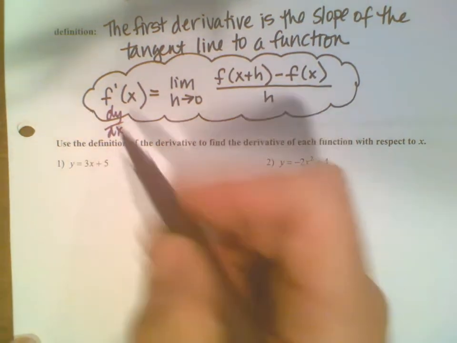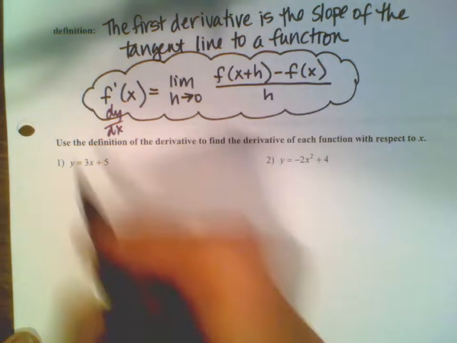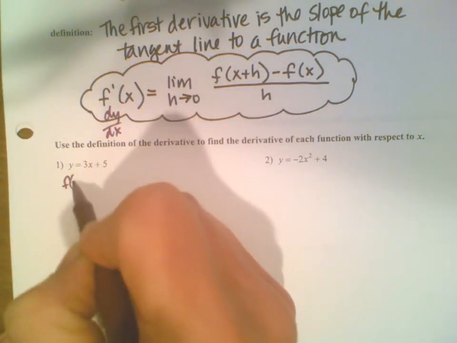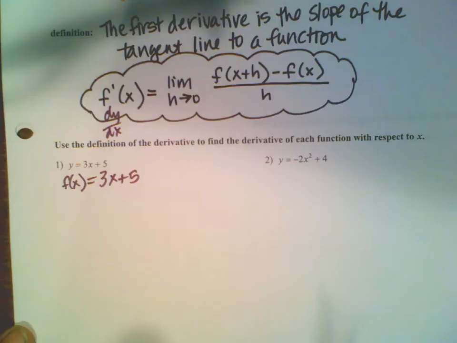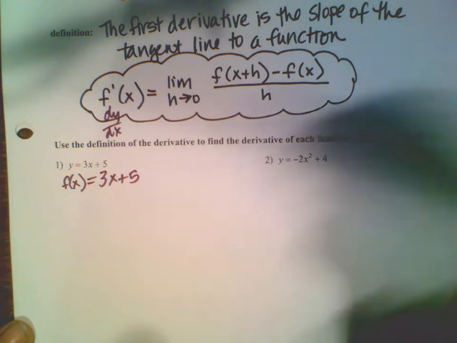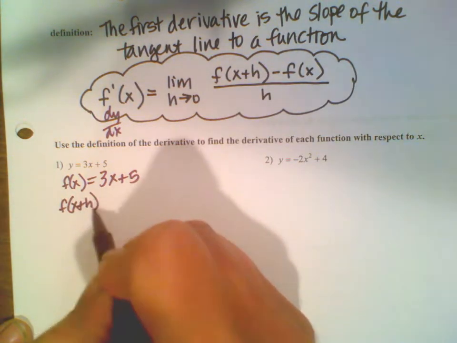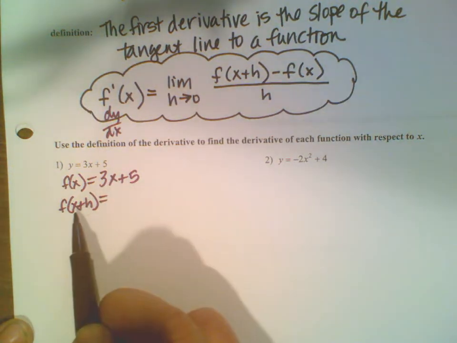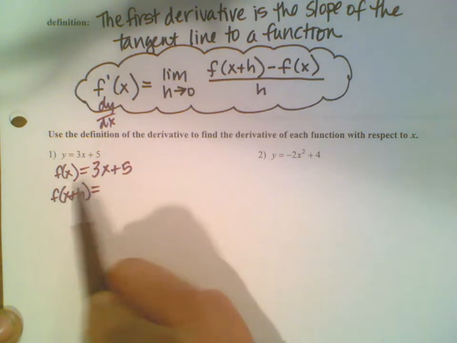But typically, because my definition uses f of x, I rewrite each function as f of x. So this is f of x equals 3x plus 5. And then in order to use this formula, I also need f of x plus h. Remember, when we find a function at a value, that just means I replace x with x plus h.